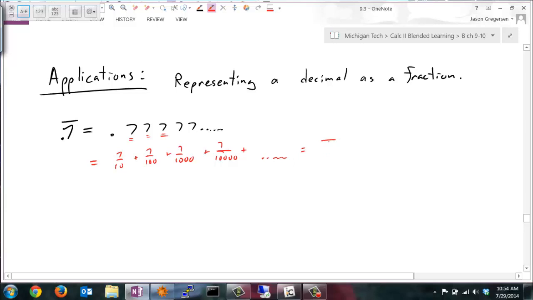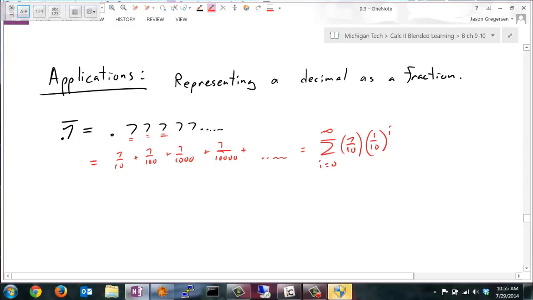But this is just the sum from i equals 0 to infinity of my first term, there's my first term, times what? What's my factor in this case? 1/10. So I can represent that repeating decimal as this geometric sum.